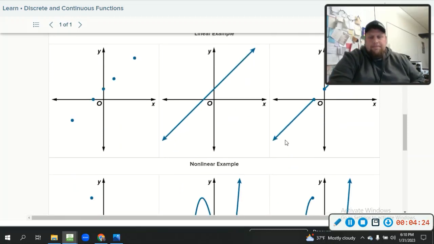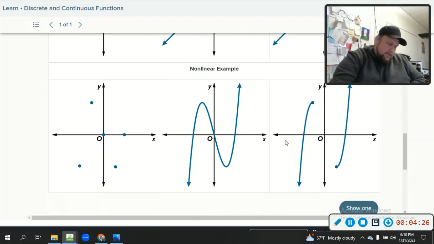Go ahead and draw the nonlinear dots. Still a function, it's just discrete. The second one, again still a function, it's just continuous and nonlinear. And the last one has elements of both. We have the curve going down to the left, and a curve going up to the right. I'm looking down because I'm drawing the same thing you are.